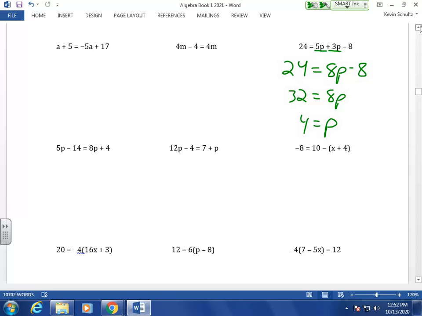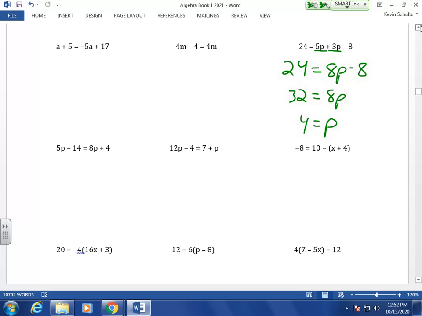The next one I had you do was next row down. Now we start to practice the distributive property, right? And we know that we're going to be using this because we see those parentheses. What are we distributing in to that set of parentheses? McKenna? A negative 1, right? That 10, you wouldn't read that as 10 times x plus 4, right? It's 10 minus, then in parentheses, x plus 4.